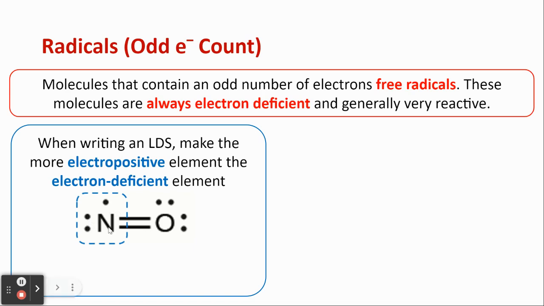And the reason why it's nitrogen and not oxygen is because oxygen has a higher electronegativity, or attraction for electrons. So it will pull the electrons towards itself and fulfill that octet rule. If we have C2H, we would have the same kind of structure where we've got an odd number of electrons, and that odd number of electrons would be on our carbon.